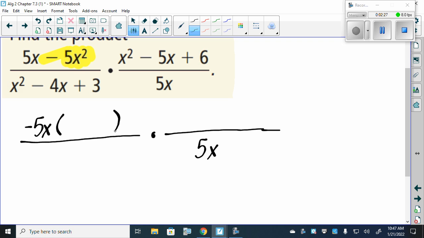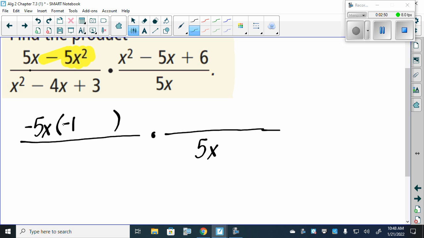So let's look at how this factors out. If I factor a 5x out of the 5x here, I'm left with 1, because the 5 will factor out completely, the x will factor out completely. But unlike yesterday, this time we're factoring out a negative 5x. So instead of it being positive 1, it's going to be negative.